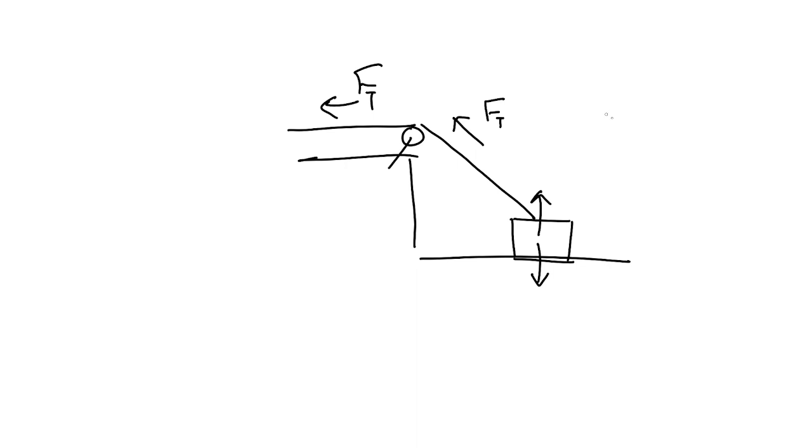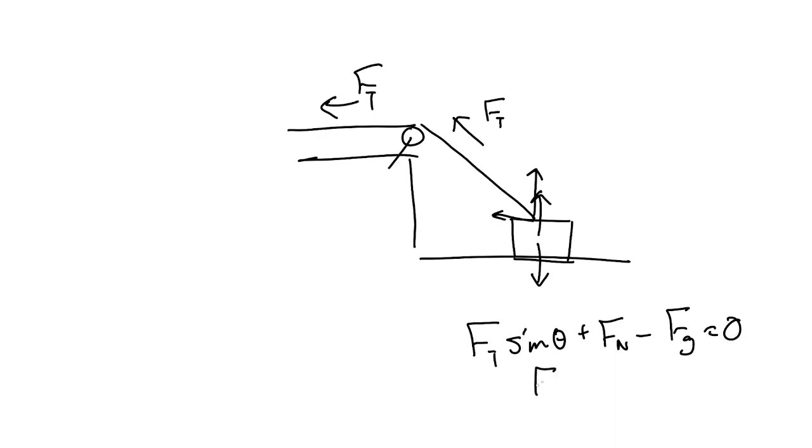It's actually going to be our force of tension, a sine of theta, the vertical component of this tension, plus our normal force minus our force of gravity is going to be equal to 0.